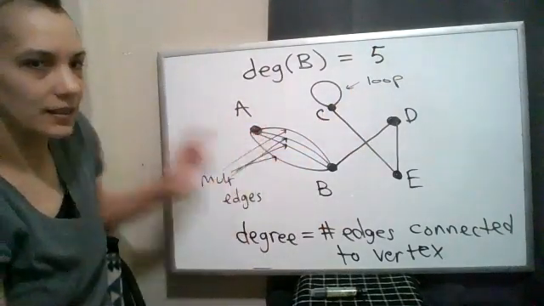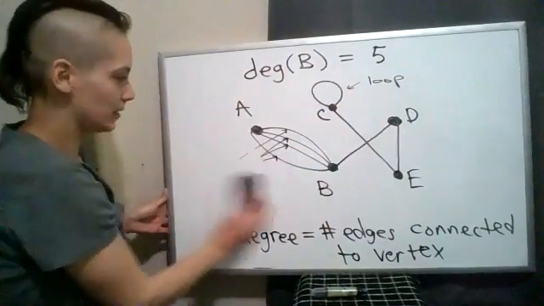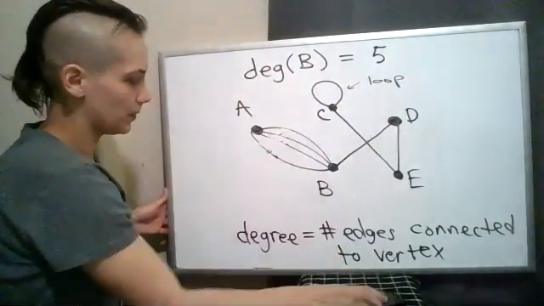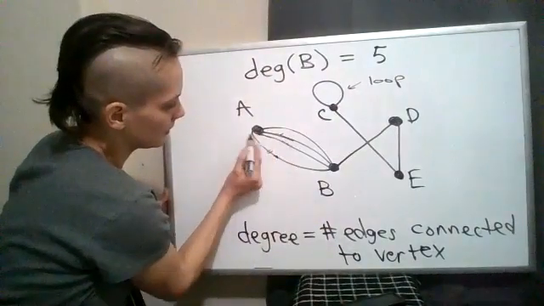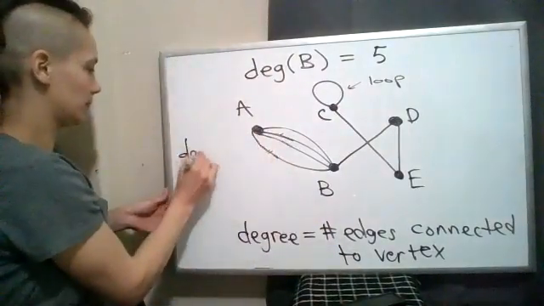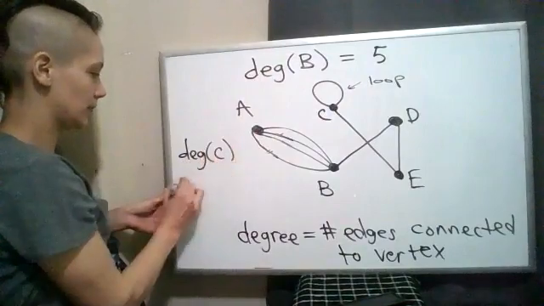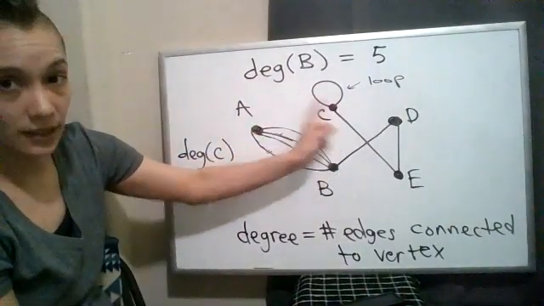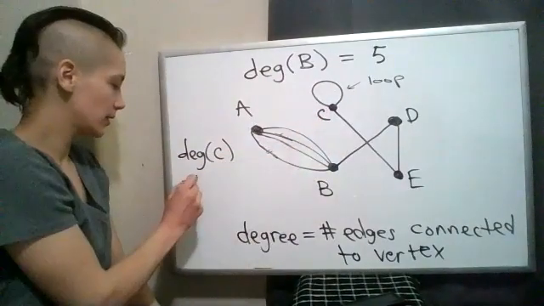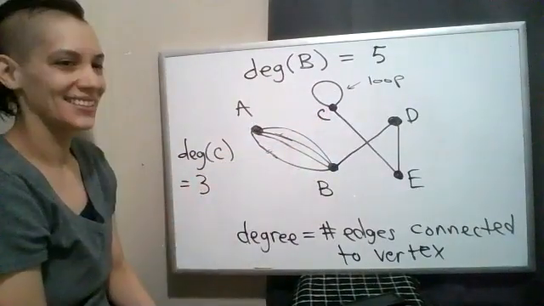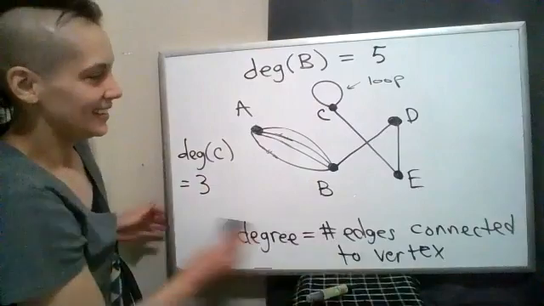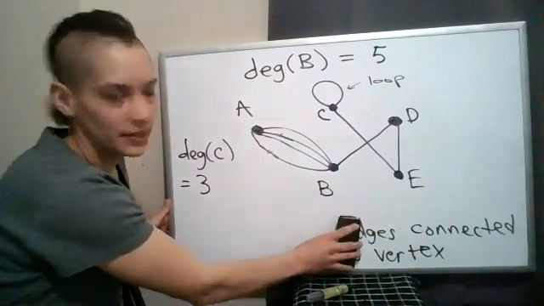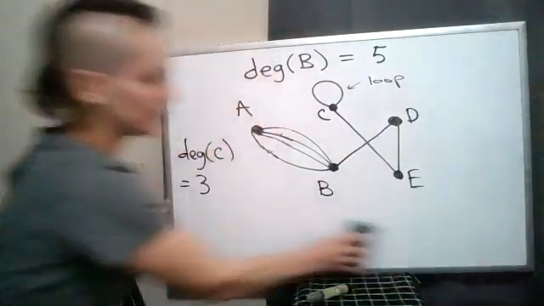Degree of C: we're here with 1, 2, 3 connections, degree 3. Let's do one more. The degree of D is 2.